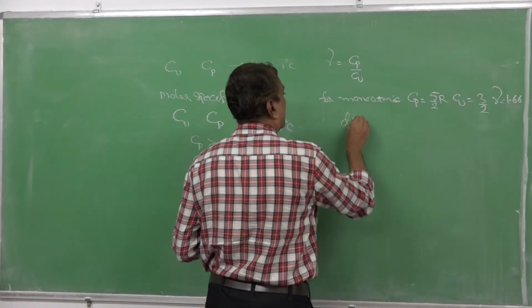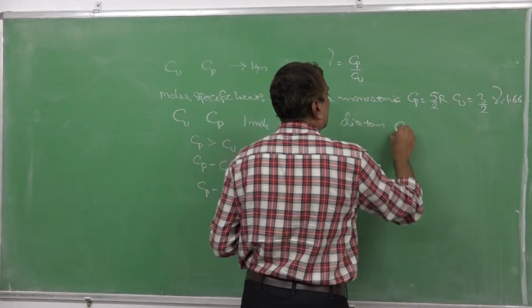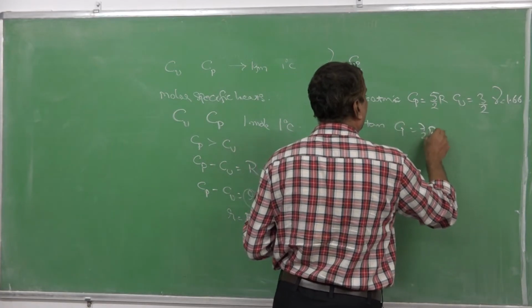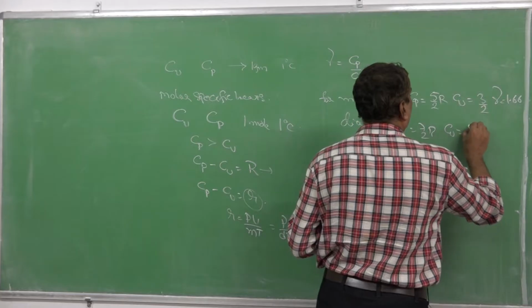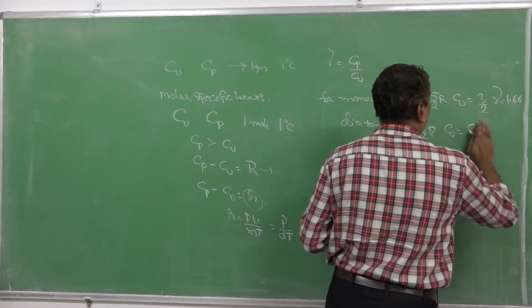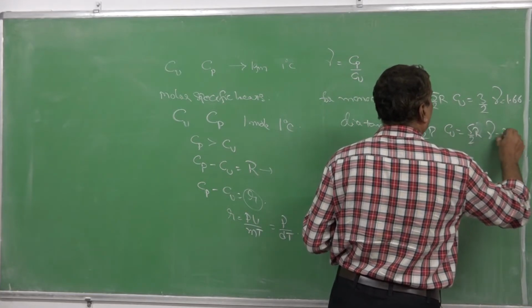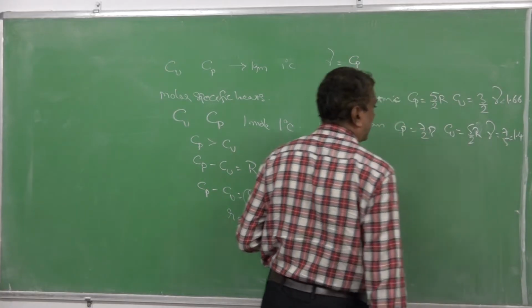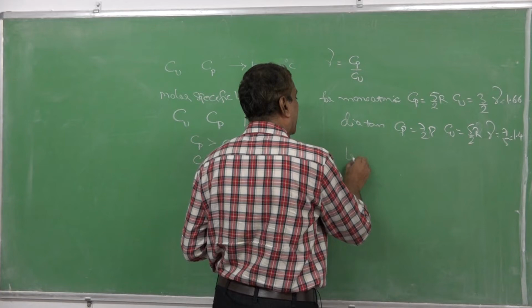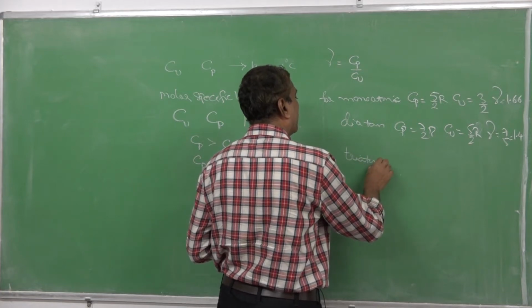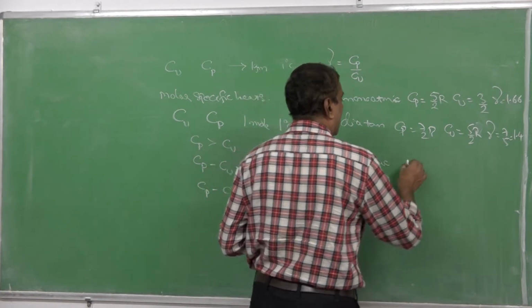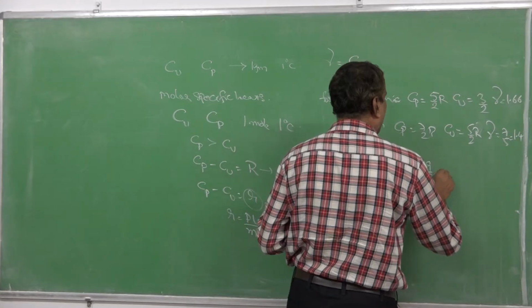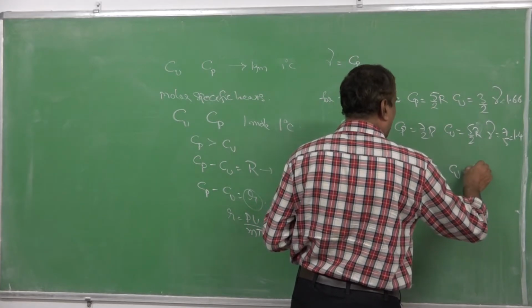For diatomic gas, Cp is 7 by 2R and Cv is 5 by 2R, and gamma is 7 by 5, that is 1.4 approximately. Okay, for triatomic, Cp is 9 by 2R and Cv is 7 by 2R.